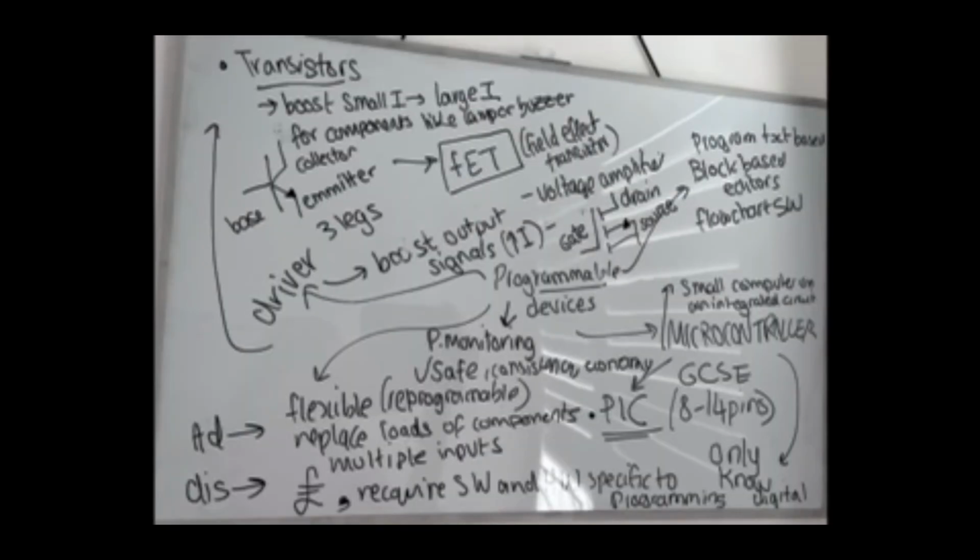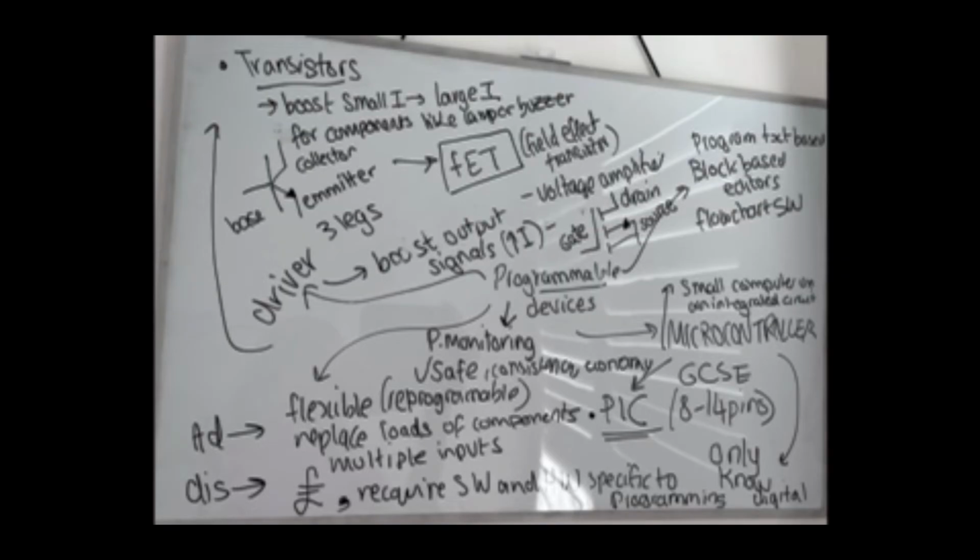So now moving on to programmable devices. Now programmable devices are used to perform either complex operations or, just like the operations we've looked at, things like timing, counting, and comparing signals. Now a commonly used type of programmable device, a microcontroller, is a PIC. But first let's look at what is a microcontroller.